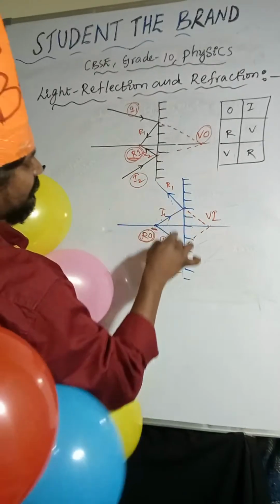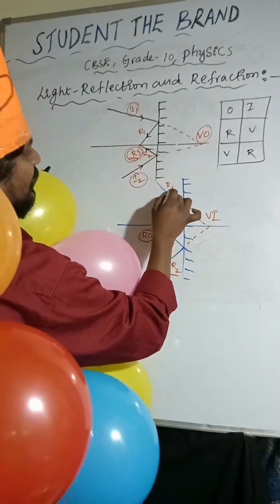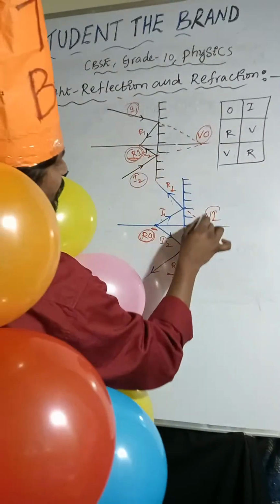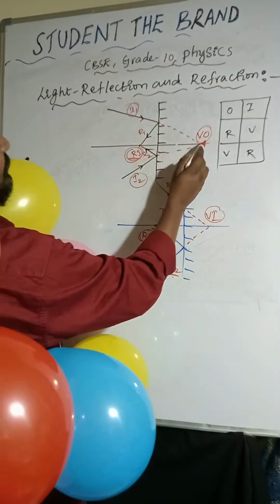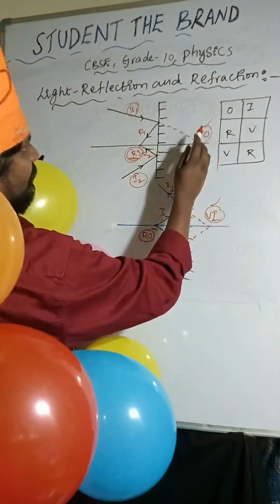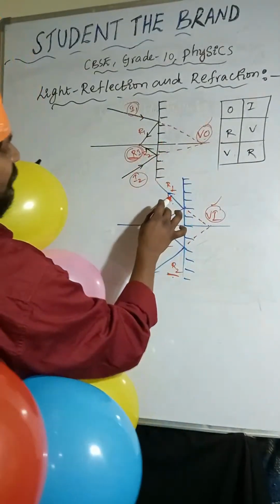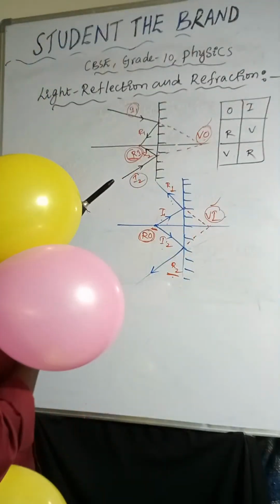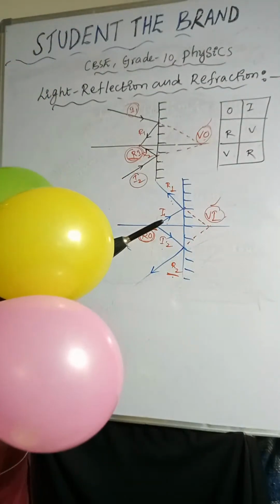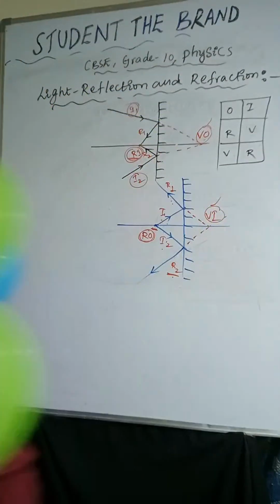After reflection, we are extending the reflected light rays, that's why virtual image. Extended light rays give virtual. If we extend incident rays, virtual object. If you extend reflected light rays, virtual image. I hope it is very clear. Observe carefully and check once again.